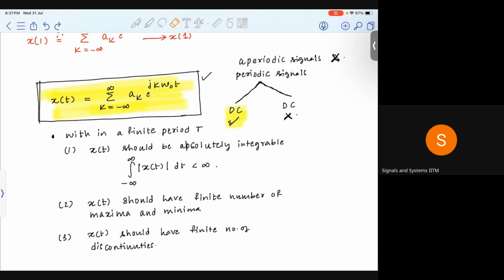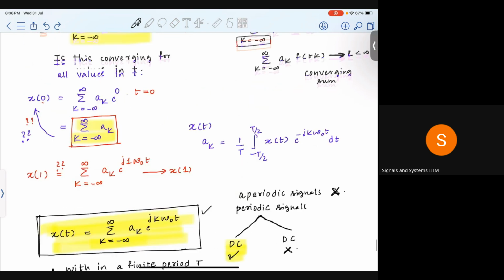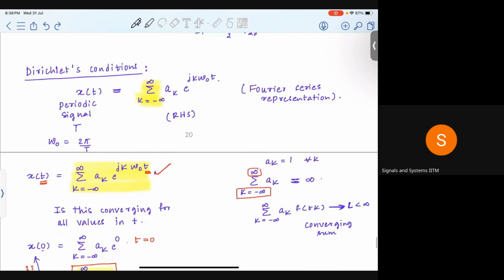And for any periodic signal, you have to first verify if these three properties are satisfied. These are sufficient conditions. What I mean by sufficient conditions is, for a Fourier series representation to be valid, it is sufficient to satisfy these three conditions. Those conditions are known as Dirichlet's conditions.